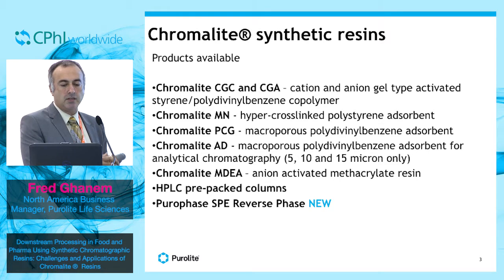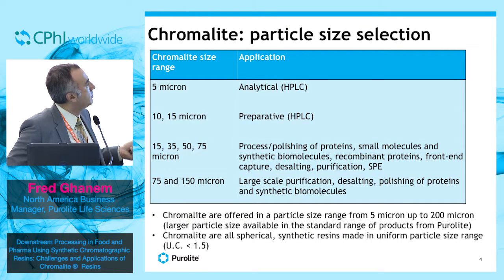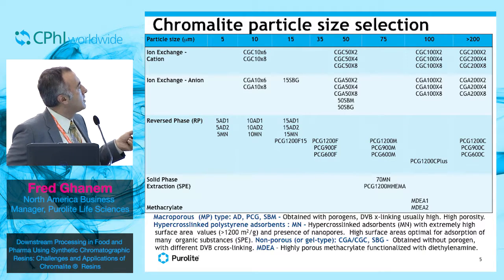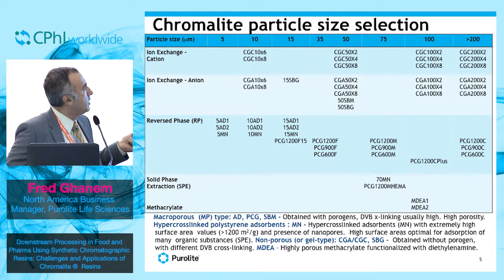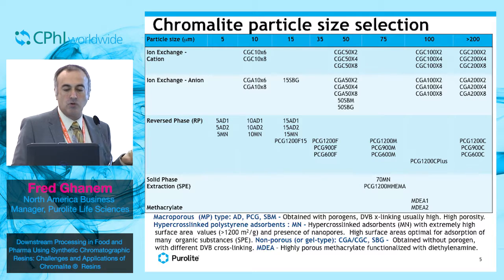Looking at the product line and the particle size selections, you can see that we have the cation resin in 10 micron, 50 micron, and 200 micron, as well as anion resins that go from 10 micron all the way to 200 micron. Reverse phase is what we call a non-functionalized adsorbent.